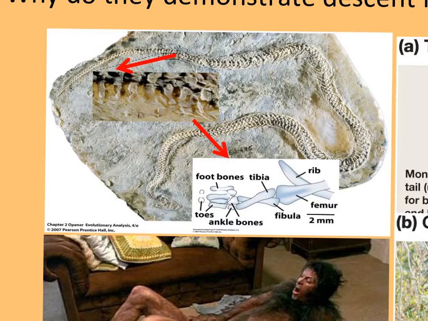And you can actually see them in the skeleton of a snake. These are the remnants of what used to be an ancestor that had legs. Okay, so this indicates that snakes' most common ancestor actually had legs.